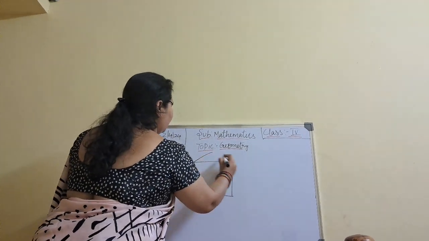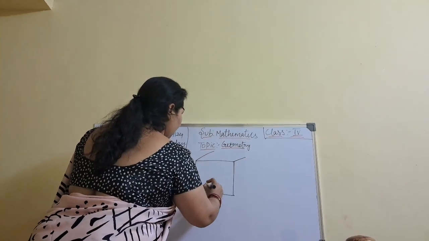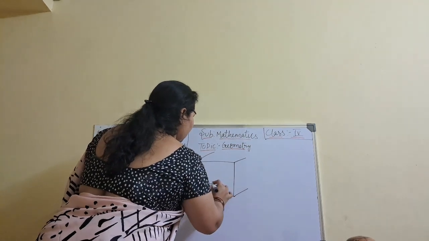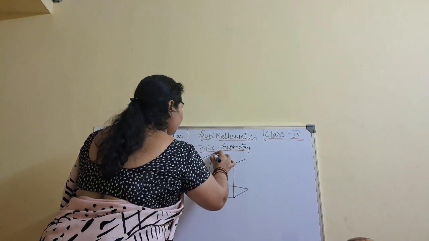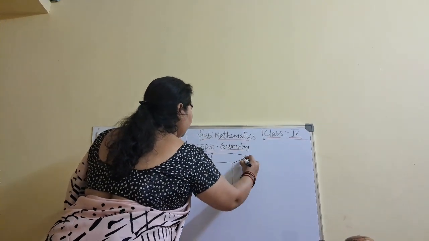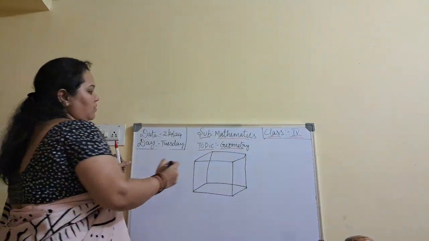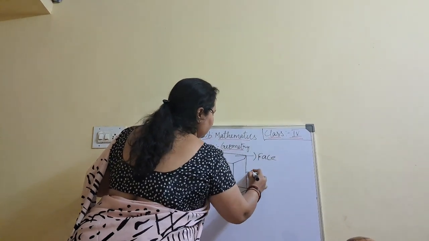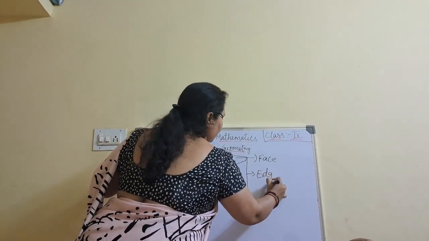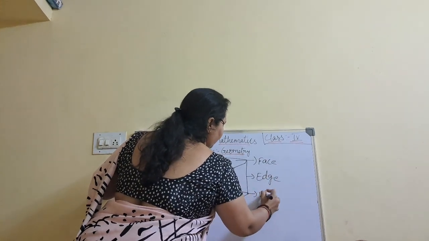Very good. Cube, cuboid, and cone are examples of 3D shapes. See here, this is called a face. This is called an edge, and this is called a vertex.